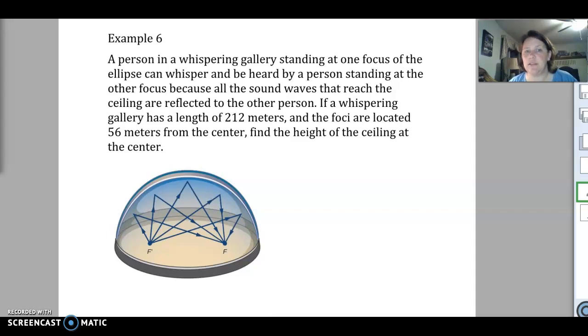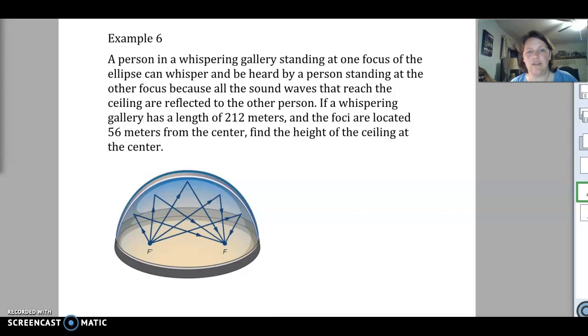So example number 6, we have a person in a whispering gallery standing at one focus of the ellipse. A person in a whispering gallery standing at one focus of the ellipse can whisper and be heard by a person standing at the other focus, because all the sound waves that reach the ceiling are reflected to the other person.